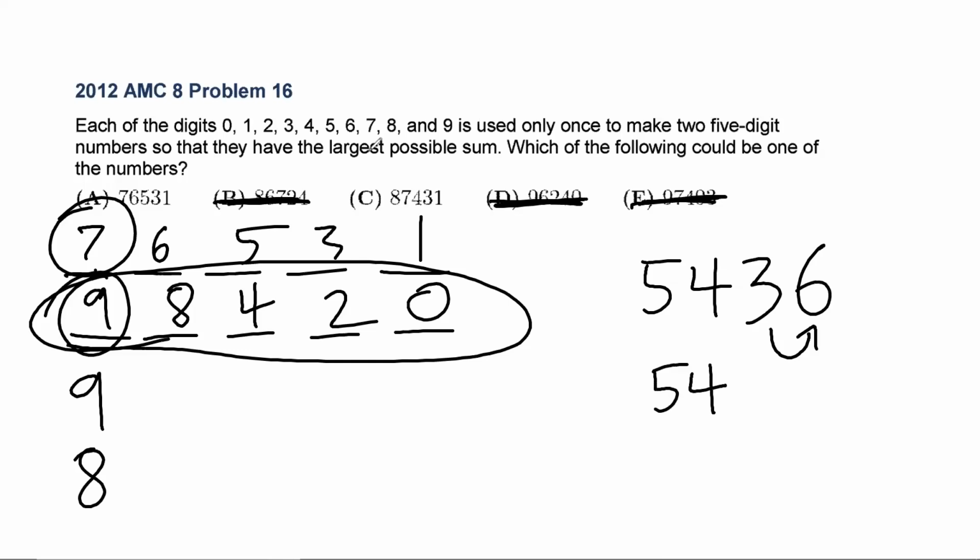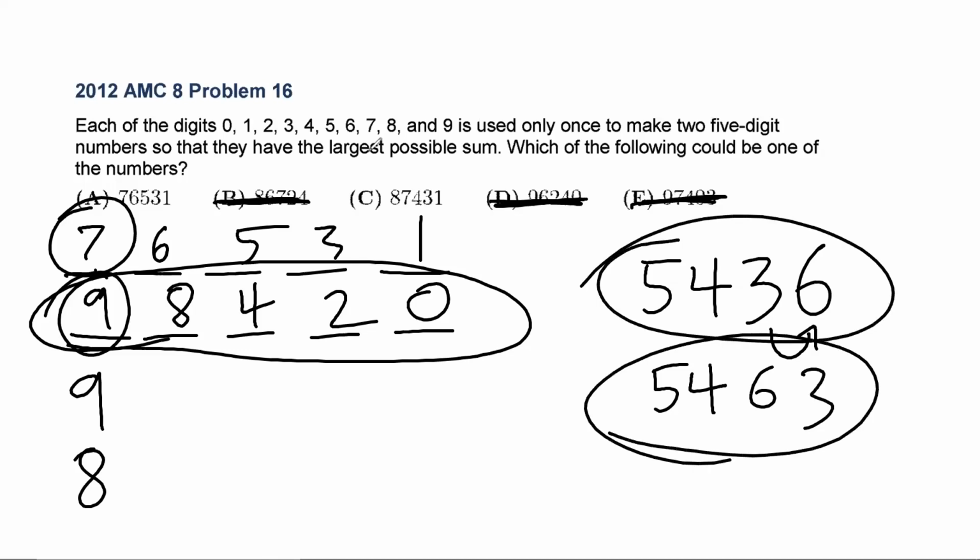So 5, 4, 6, 3 would always be bigger than 5, 4, 3, 6. Because you want the bigger numbers like 6 to the left, and you want the smaller numbers like 3 to the right.